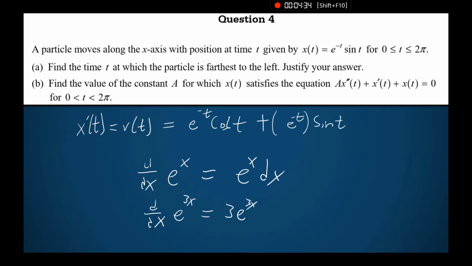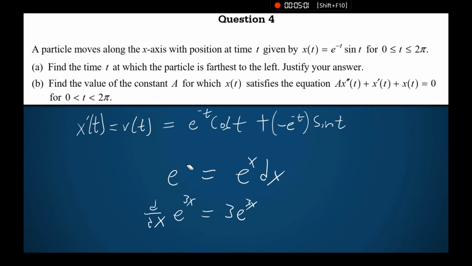If I derive e to the negative t, what do I get? Okay, great. So what should this be? Negative e to the negative t power. Okay, there we go.